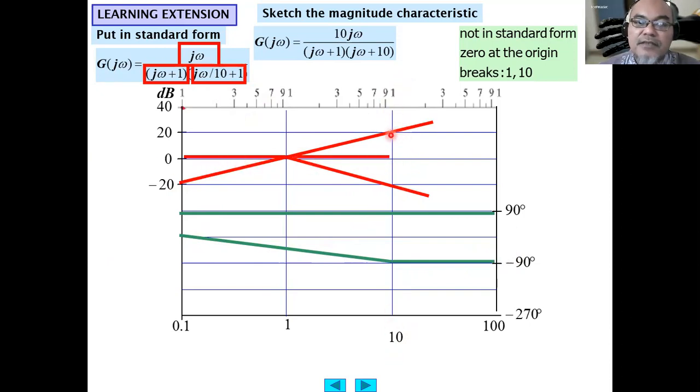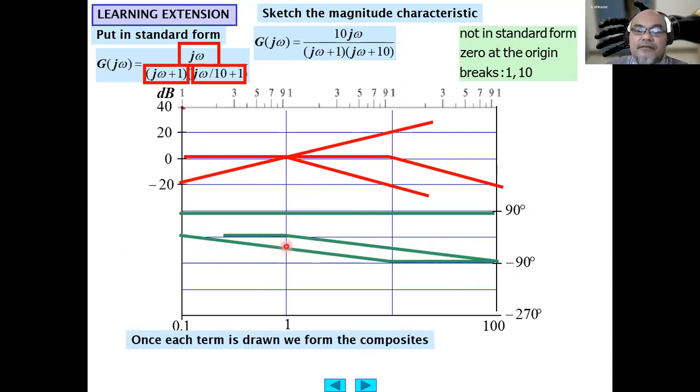After 10 radian per second, it will decrease by minus 20 decibel per decade. The phase, on the other hand, starts from 0 degrees and decreases by minus 45 degrees per decade until it reaches minus 90 degrees at 100 radian per second.